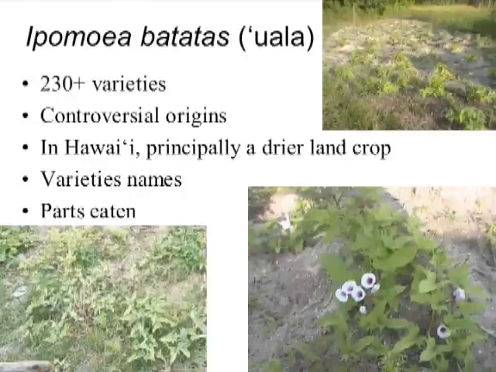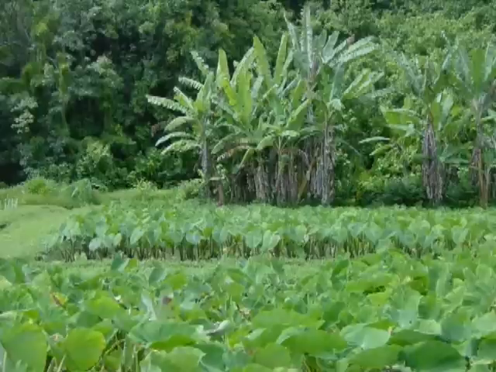The large number of varietal names is a clear indication of how important the plant was, and the fact that people were watching for new varieties to see if they might have some new characteristics that they could use to their advantage. All of the parts of the plant may be eaten, but the leaves and the roots are the most important parts, the leaves serving as a very important vegetable and source of vitamins and minerals.